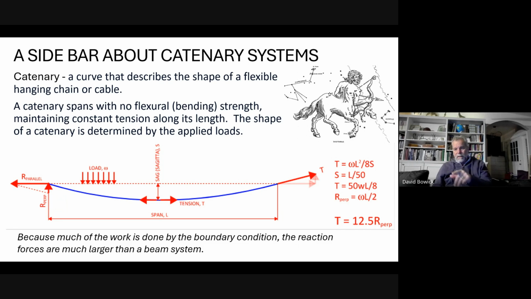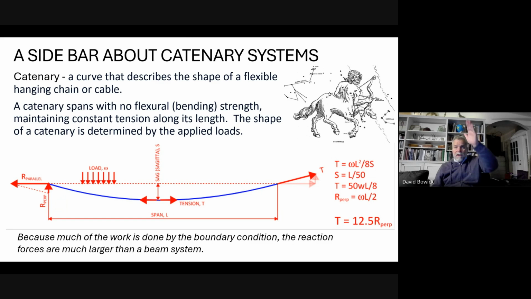That's wrong thinking. So let's look at this little set of calculations on the right here. The tension in this catenary, wL squared over 8 times the sag, is how we calculate the tension. You do not need to remember that. The sag is L over 50.